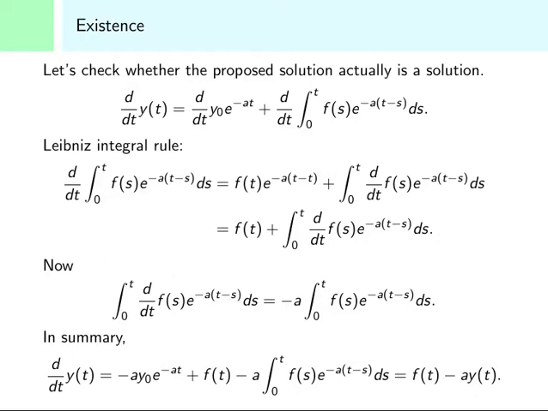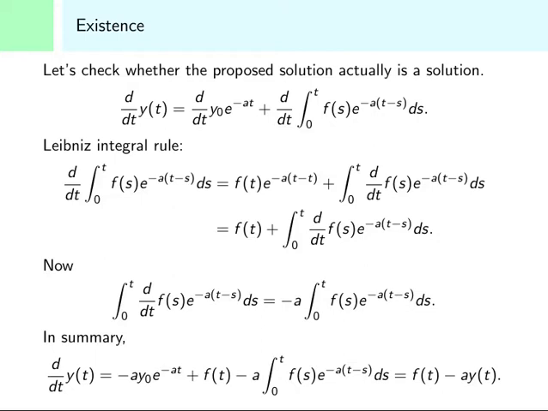So in summary, plugging that all together, the time derivative of y equals negative a y naught exp(-at) plus f(t) minus a times the integral from 0 to t of f(s) exp(-a(t-s)) ds.